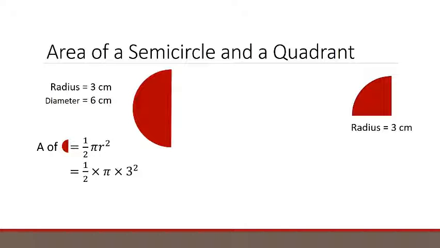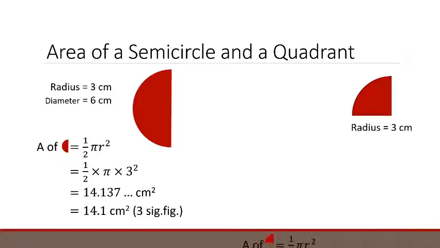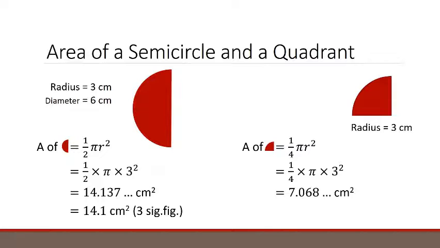So a half times pi times 3 squared is 14.137 centimetres squared, or 14.1 centimetres squared, correct to 3 significant figures. For the quadrant, it'll be a quarter of the area of a circle. So a quarter times pi times 3 squared, which is 7.068 centimetres squared, or 7.07 centimetres squared, correct to 3 significant figures.